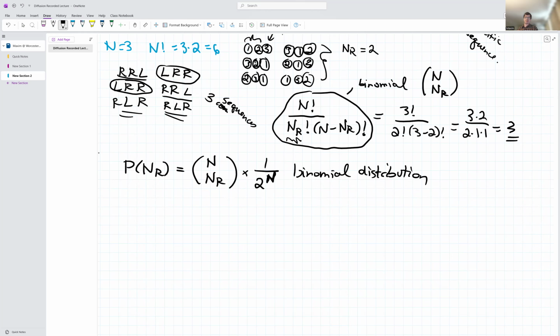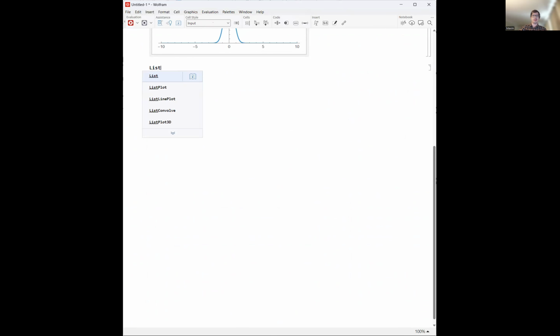So we can actually plot it. Let's plot it in some plotting software. I have some stuff for later, but let's do a plot. We'll do a list plot, and we want a table where m is our number of steps to the right, and we're going to have a binomial coefficient.